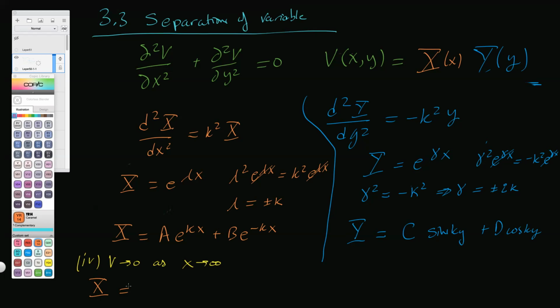What happens now if you put in big X? What happens if you put X equal infinity in there? Is that what we want? So what do we do?